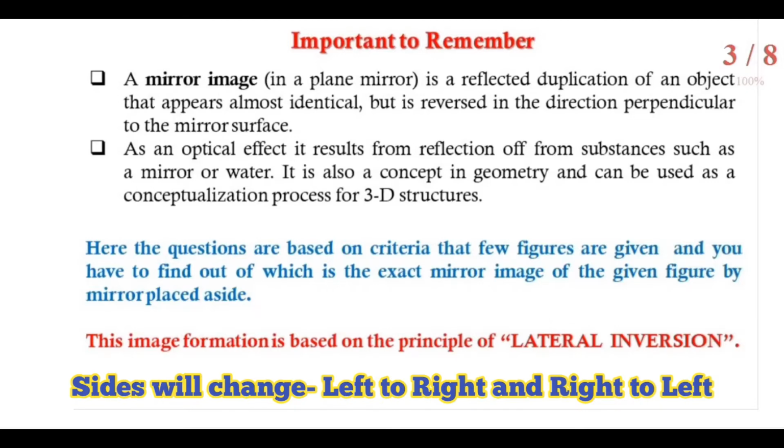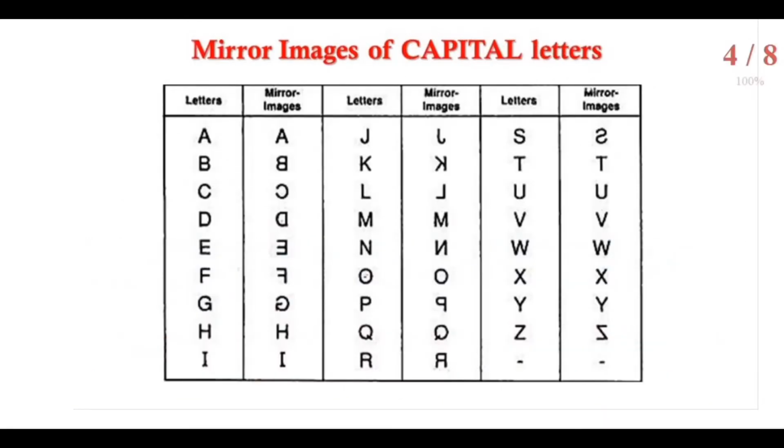In alphabets, if you look at all the 26 alphabets in English, the mirror images are given. For A, what is the mirror image? If you keep the mirror aside, how do we get the reflection? A, B, C, D, E, F, G, H, I, J, K up to Z. Among these 26 capital letters, some of the images are reflected as the same.